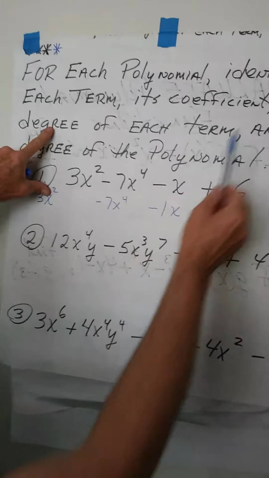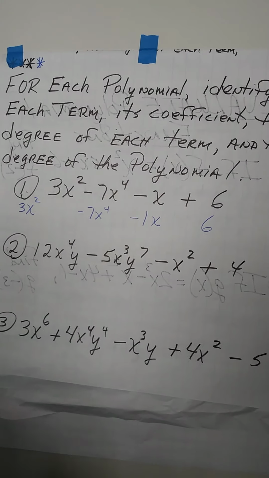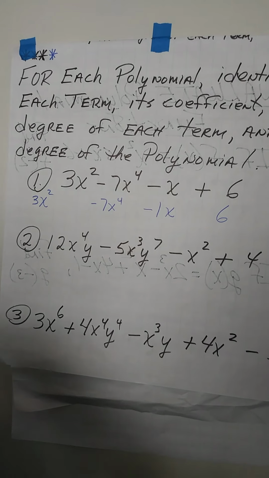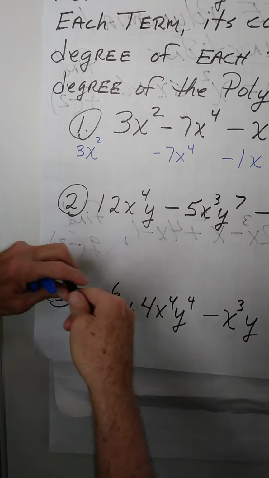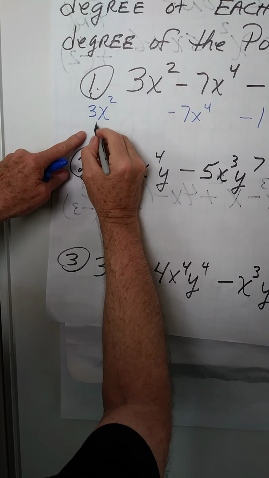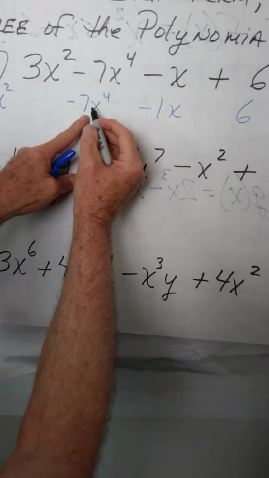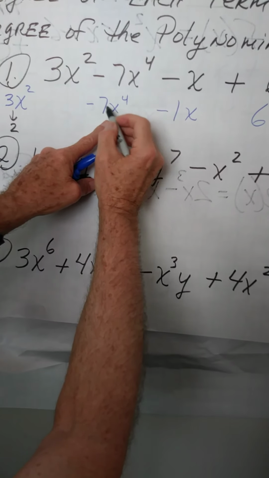Now thirdly, they want us to identify the degree of each one of these terms. Let's go to this term right here. The degree of this term, 2. I'll just kind of draw an arrow. 2. The degree of this second term, 4, because there's nothing to add 4 with.